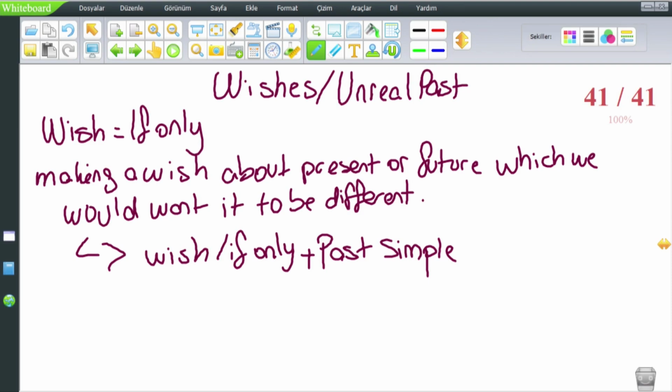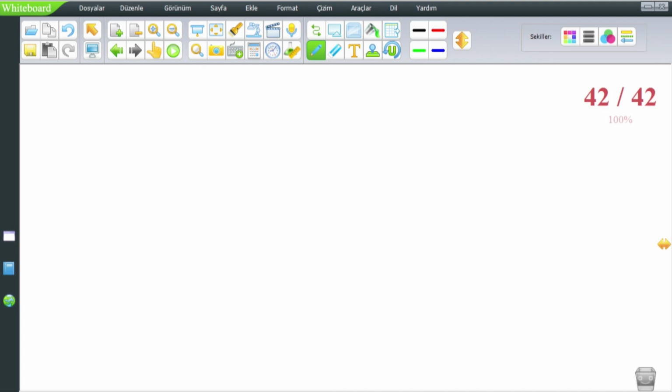When we're talking about wishes about present, we use past simple. Don't let it confuse you.